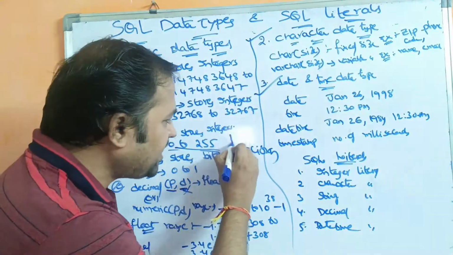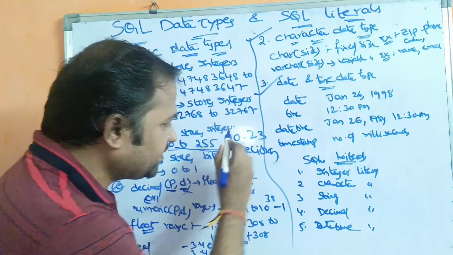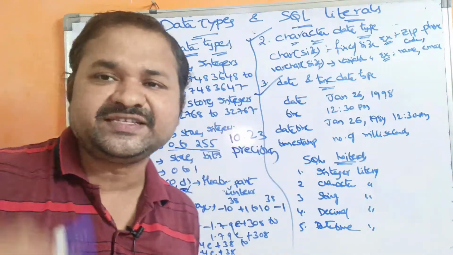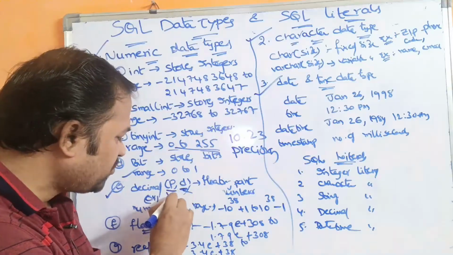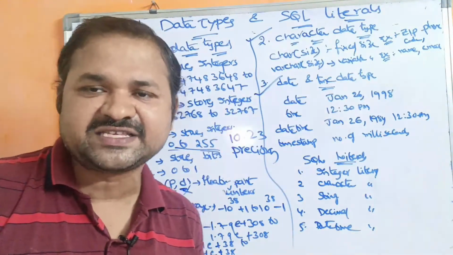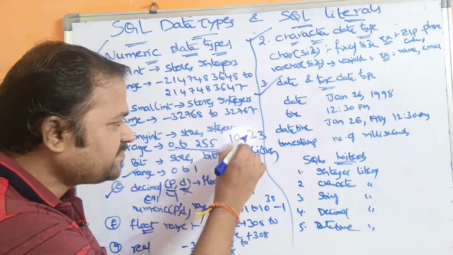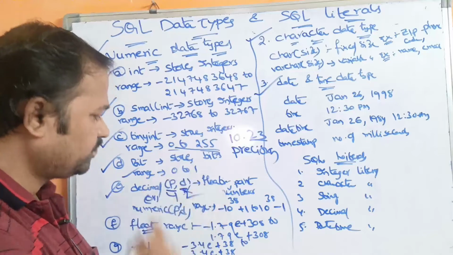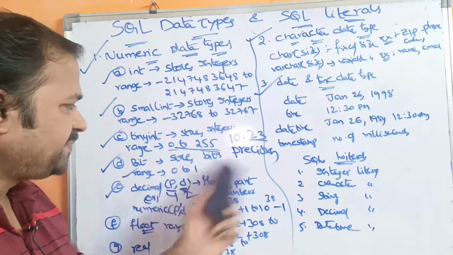Let me take a number like 10.23. Here the precision is, how many digits are there? 4 digits are there, so precision is 4, whereas D stands for the number of digits after the decimal point. After the decimal point we have 2 and 3, so D is 2, whereas P is 4.